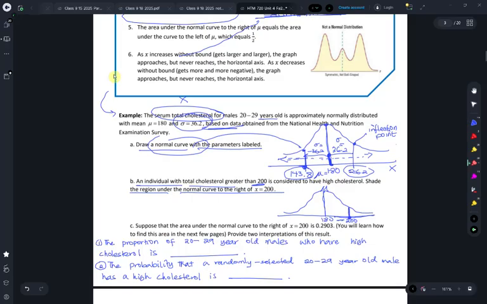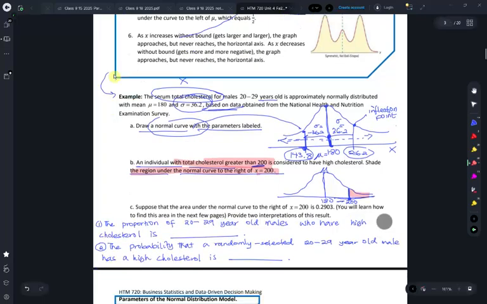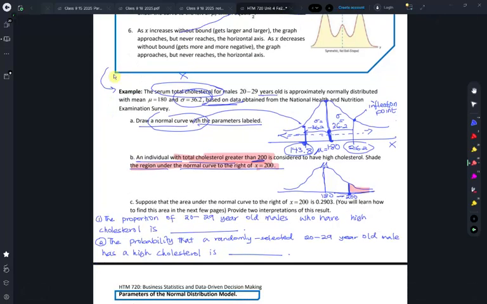And I'm interested in those whose total cholesterol is greater than 200. That'll be somewhere here to the right. So the area to the right under the normal curve represents the region that is required in this question. And of course, it will be to the right because only values to the right of 200 exceed 200, since we read from left to right.